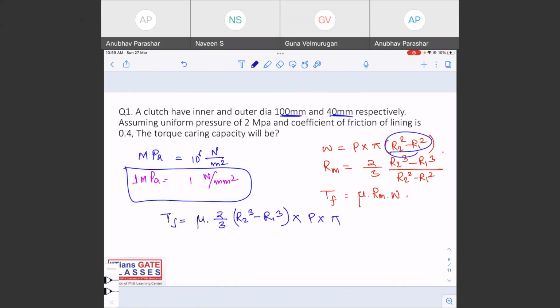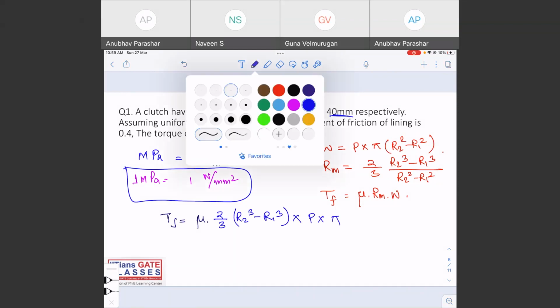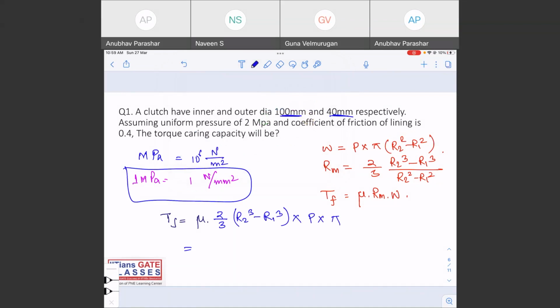So this portion and this portion have got cancelled out. If I'm directly writing it, what is the value of mu? Mu is given as 0.4, into 2 by 3.